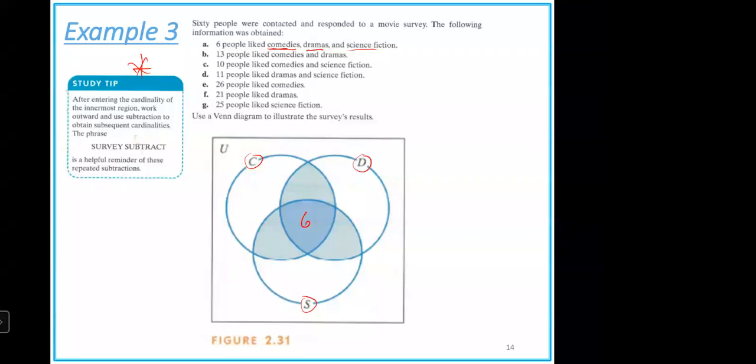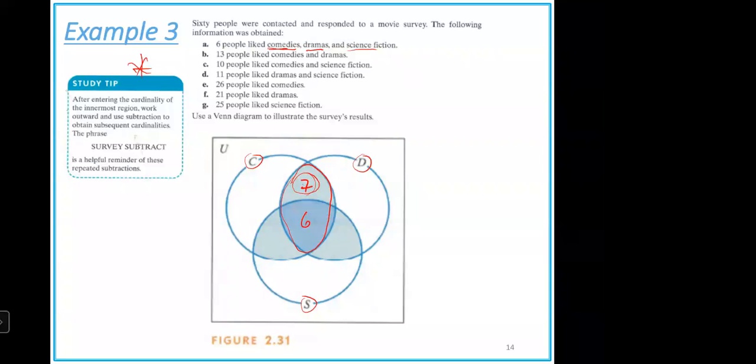The next one says 13 persons like comedies and dramas. This section represents comedies and dramas, but we already have 6 there. How many more do we need? 7. 7 and 6 is 13, so we subtract the 6 from 13 and get 7.